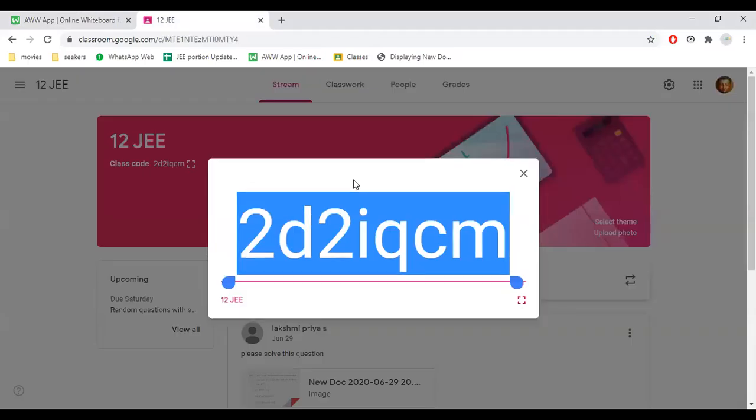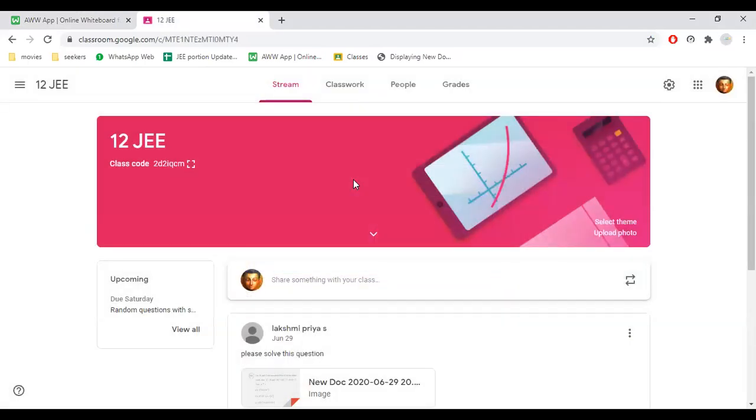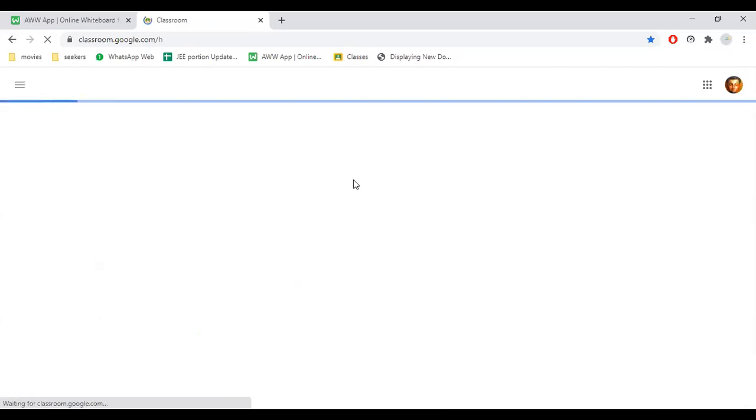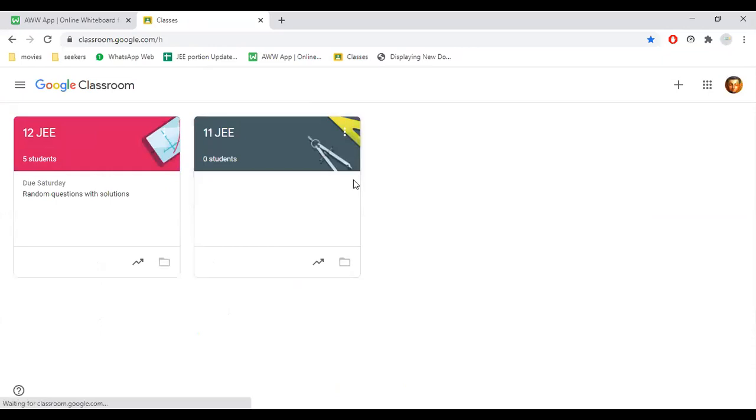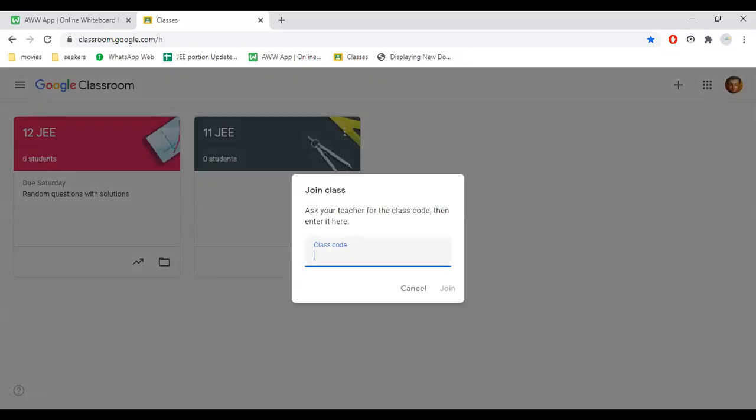To log in is very simple. When you go to Google Classroom, on web or on phone also, there is a plus sign here. Can you see, create or join class? When you click this plus sign, you will get an option of join class. When you click join class, you can enter the code, and you can join.